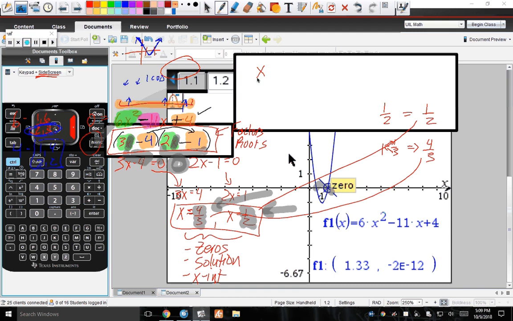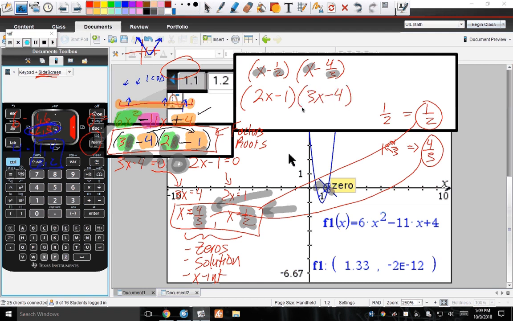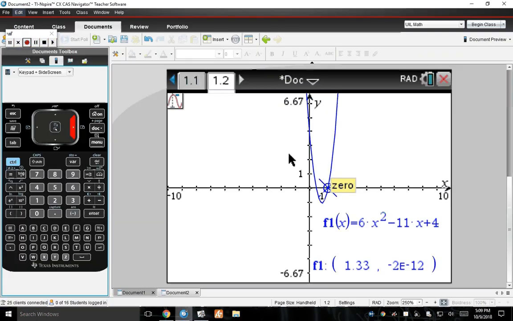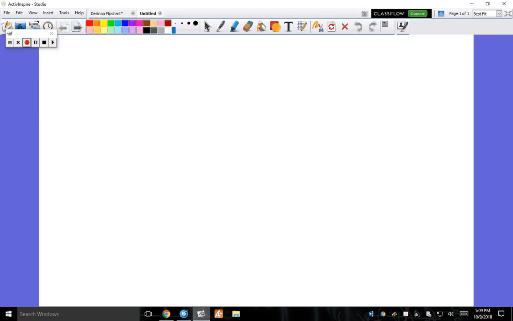Well, let's set x is equal to 1/2, which would look like this, because you're always doing the opposite sign. And then this 4/3, we'd have x minus 4/3. And all you have to do is just multiply those two to rearrange it to get 2x minus 1. And then multiply these two to get 3x minus 4. And that's how you get to what we did by hand. So either way will work. I prefer the algebra as far as showing the work, but if you want to utilize the calculator just like we said you could, you're more than welcome to.